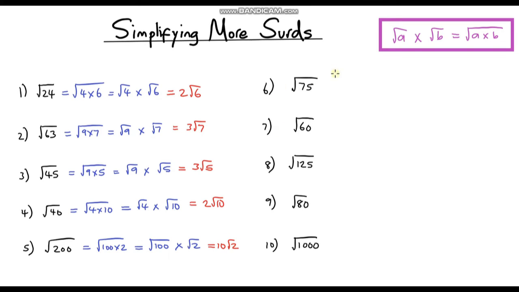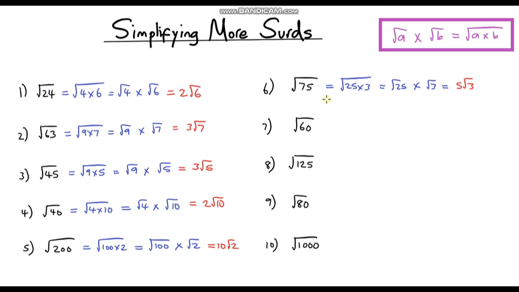Okay, moving on to question 6. So 75, well, that is 25 times 3. So this is going to be the square root of 25 times the square root of 3. And the square root of 25 is 5. So this is 5 root 3.